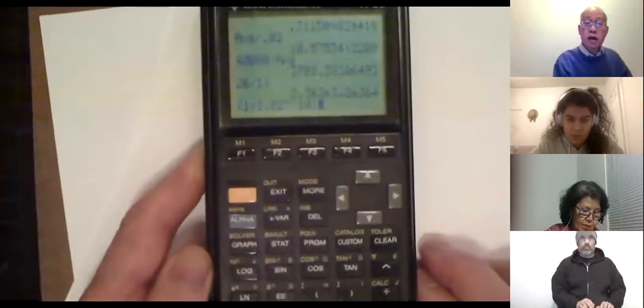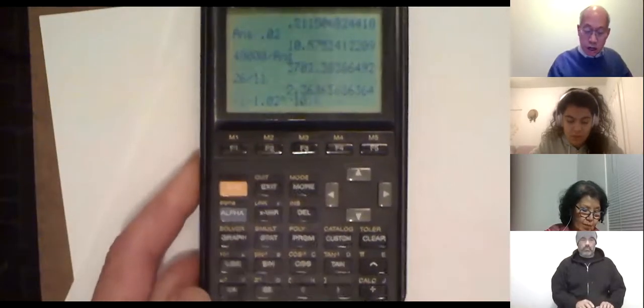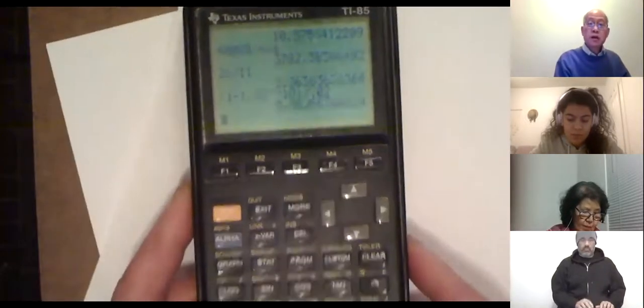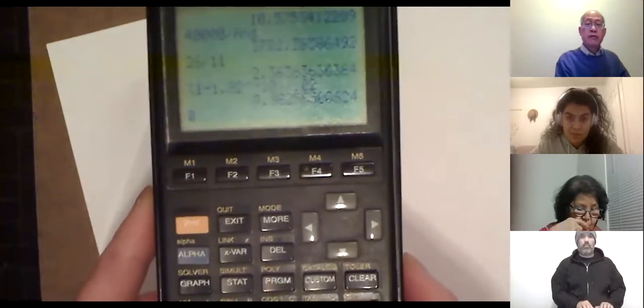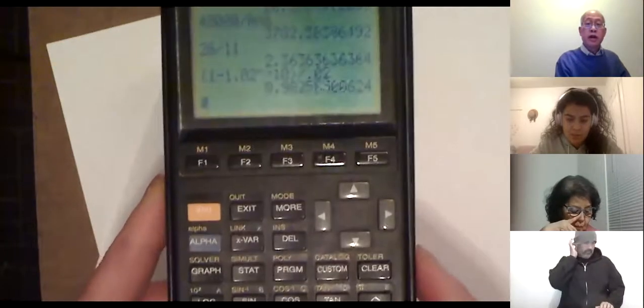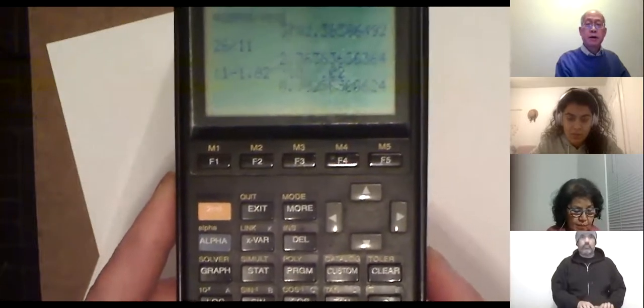Okay, so there's 1 minus 1.02 to the negative 10. And I'm supposed to divide it by what? 0.02. So divided by 0.02. You can see that: 1 minus 1.02 to the negative 10 divided by 0.02 is 8.98, and so on. Then I want 50,000 divided by that answer. My calculator has an answer button down here.